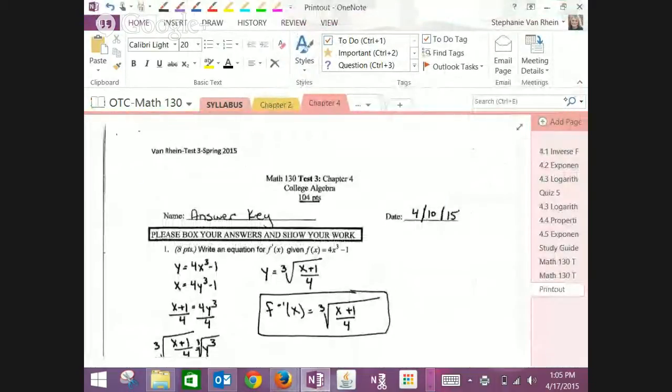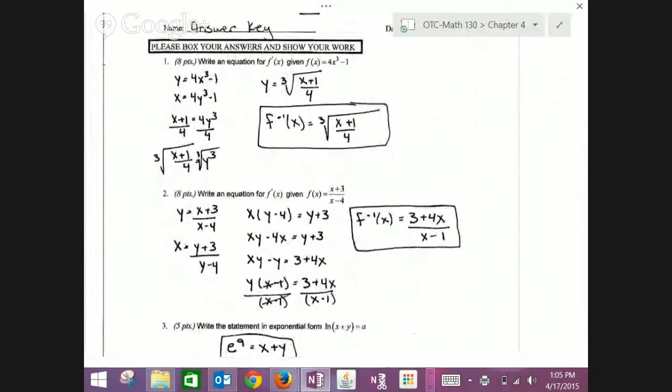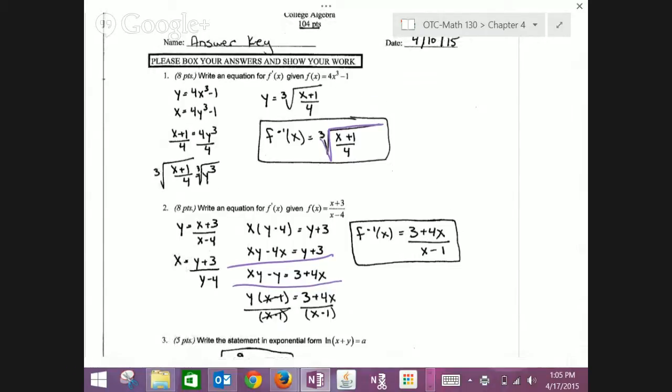So here's the exam. On the front page, most of you got full credit. Some of you got down to this part and didn't know what to do to solve for y, or maybe this part, so that cost some points. One or two points maybe were lost with this, the third root.